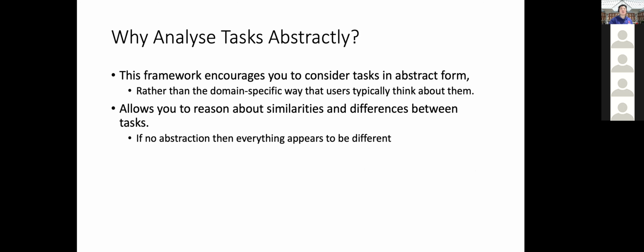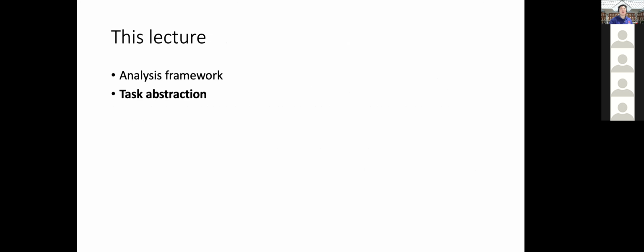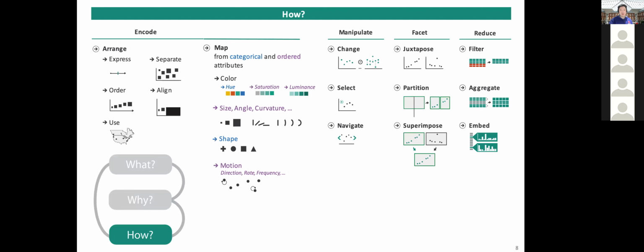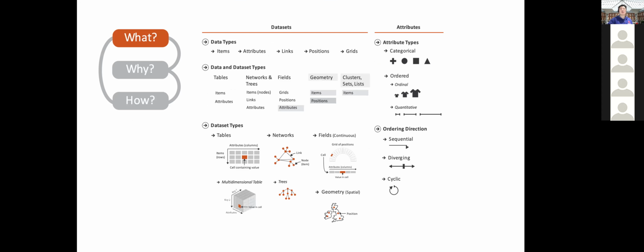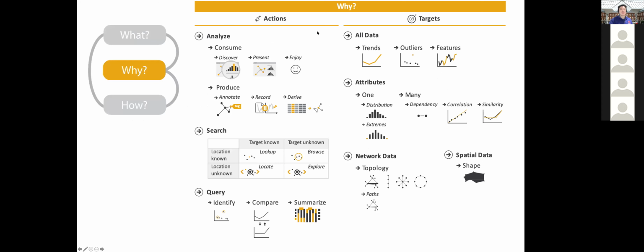Now, before we actually talk about the different tasks, I just want to go back to this slide very quickly. I jumped one ahead. This is an overview of the why, what we'll cover today. We're going to first talk about the actions.